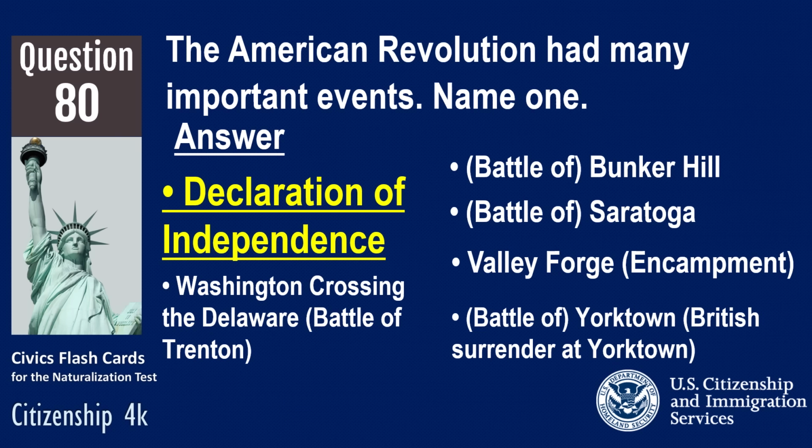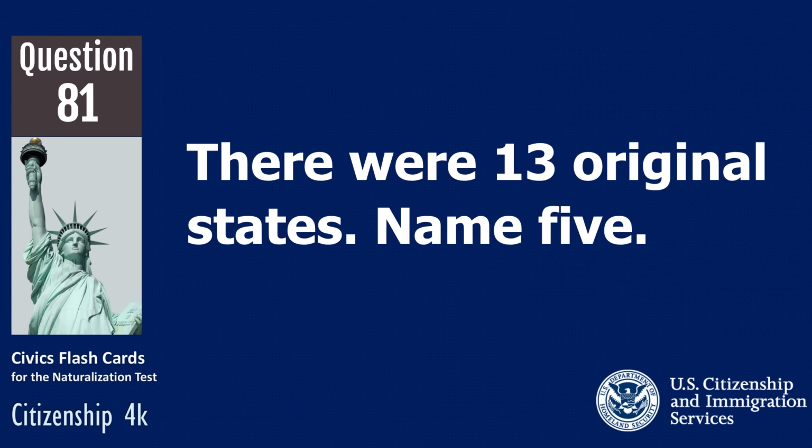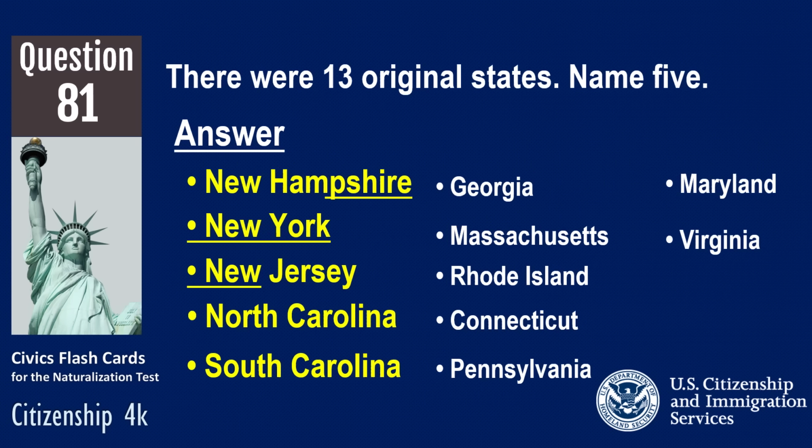Declaration of Independence. There were 13 original states. Name 5. New Hampshire, New York, New Jersey, North Carolina, South Carolina.